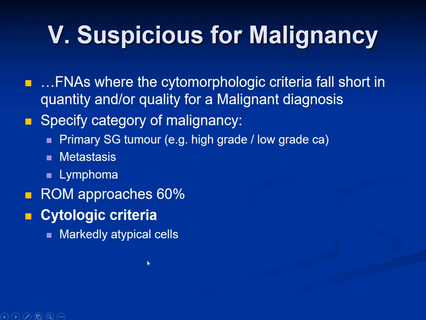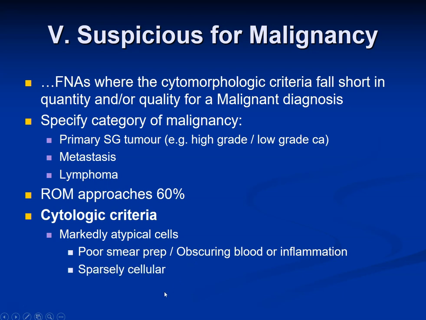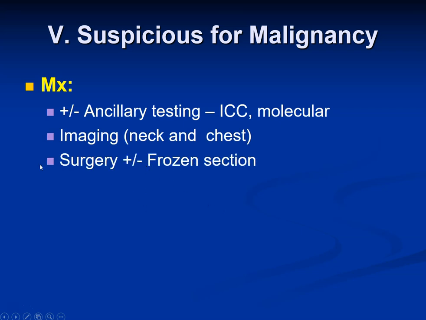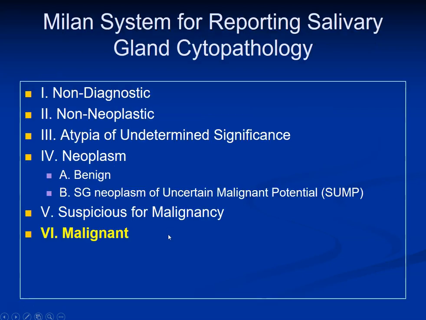Cytologic criteria would be the presence of markedly atypical cells, perhaps with some background poor specimen preparation, or perhaps with a sparsely cellular smear in an otherwise benign background. Management is potentially ancillary testing, such as immunocytochemistry or molecular tests, imaging, of course, and definitely surgical excision.